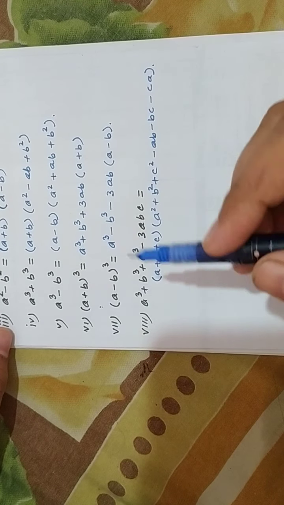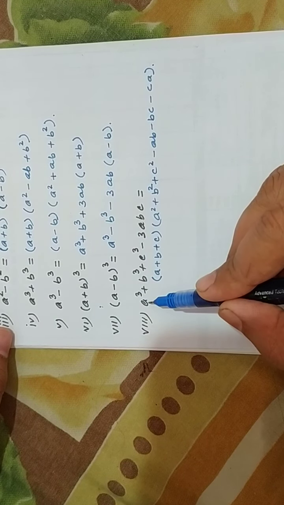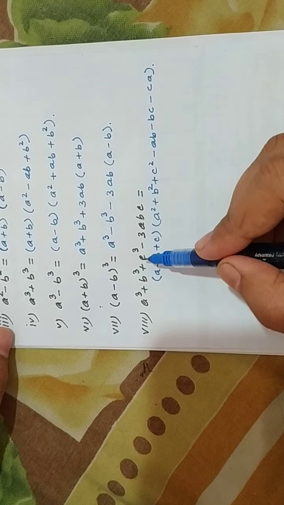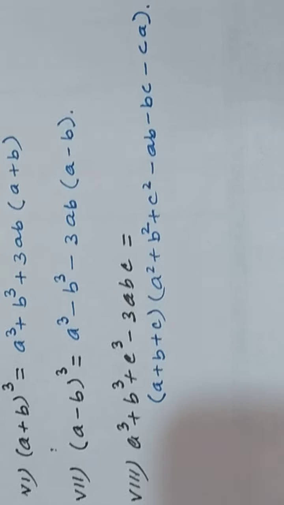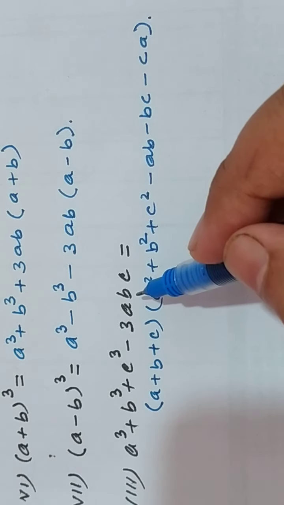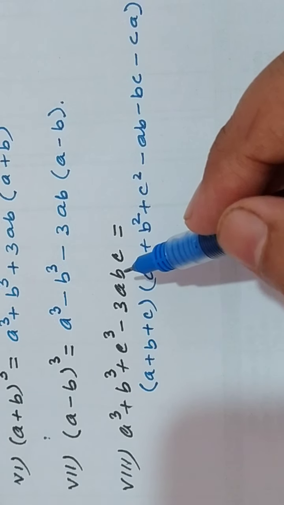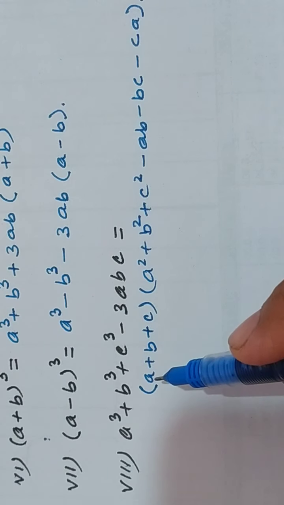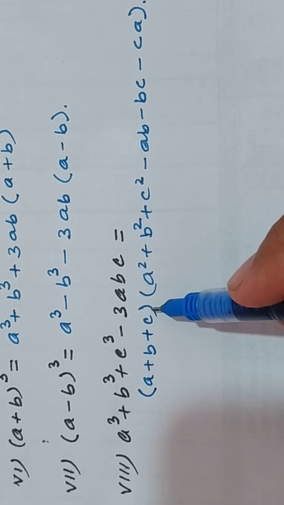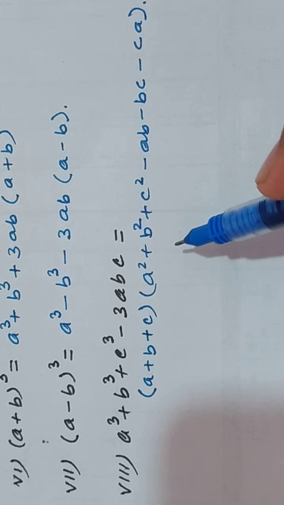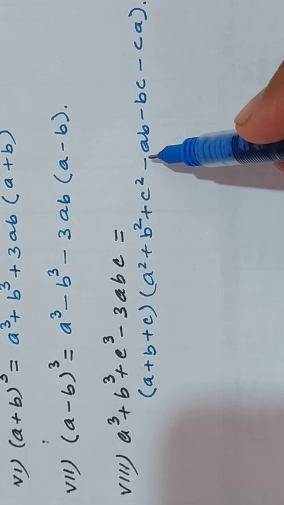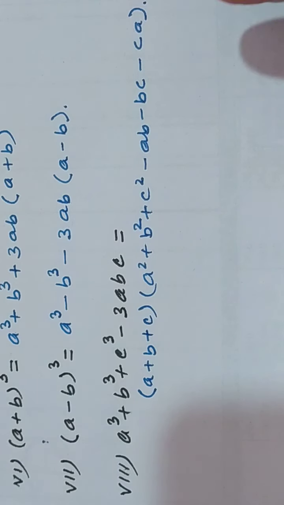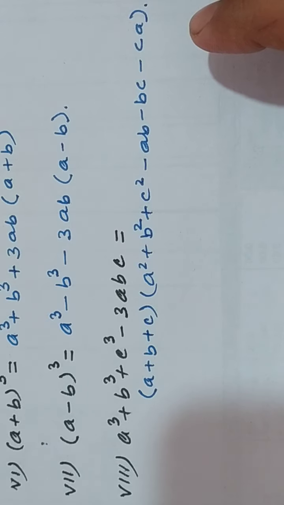And one more, a cube plus b cube plus c cube minus 3abc is equal to, in one bracket, (a plus b plus c) multiplied by another bracket, a square plus b square plus c square minus ab minus bc minus ca.